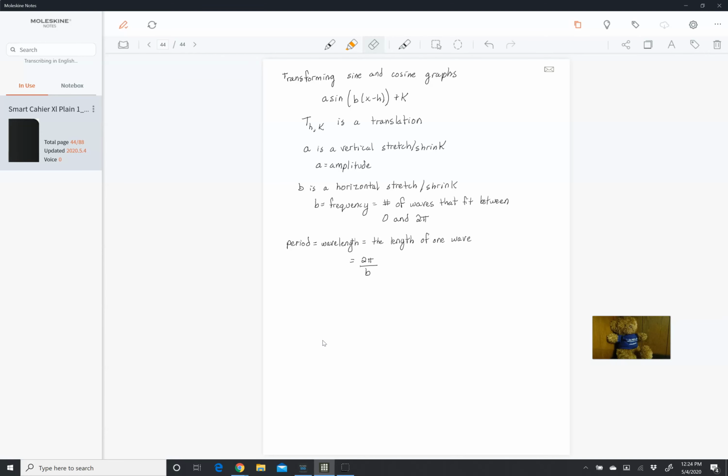Now the amplitude is defined as the distance from the midline, and I'll just tell you what that is in a second, to either the minimum or the maximum.